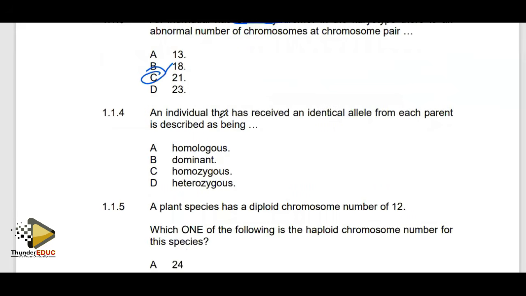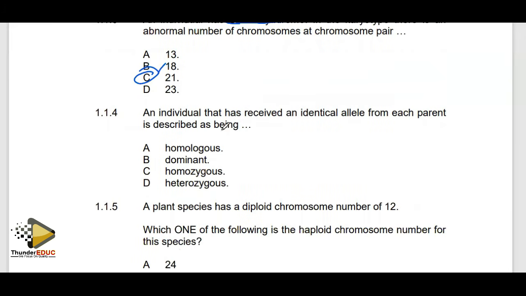Then they're saying that an individual that receives an identical allele from each parent is described as what? How do you describe an individual that receives an identical allele from both parents? For example, one parent is capital T, small t, and the other parent is capital T, small t.